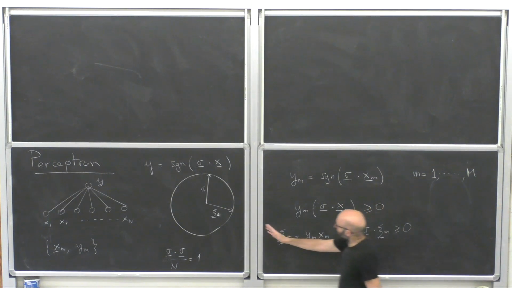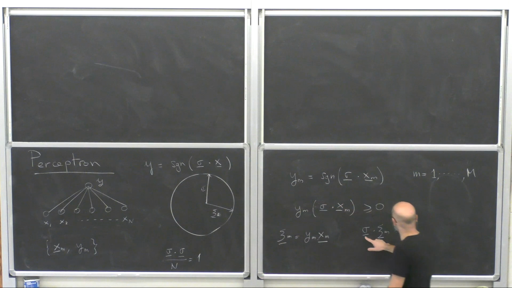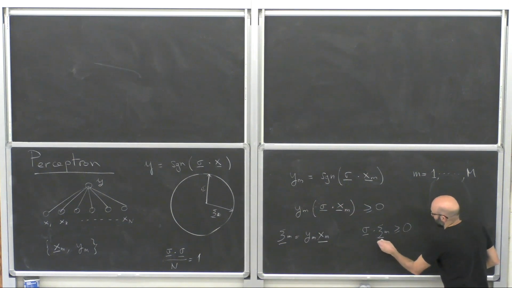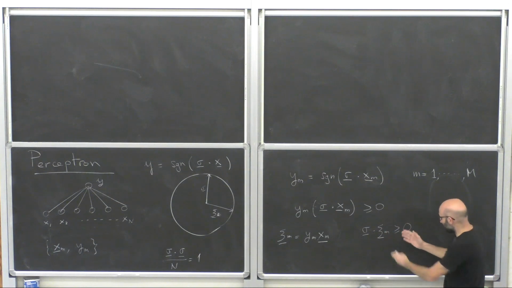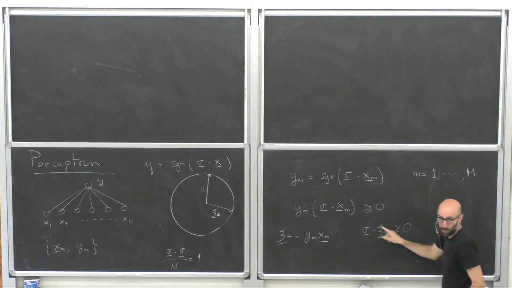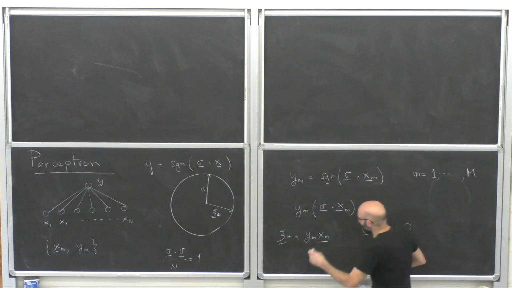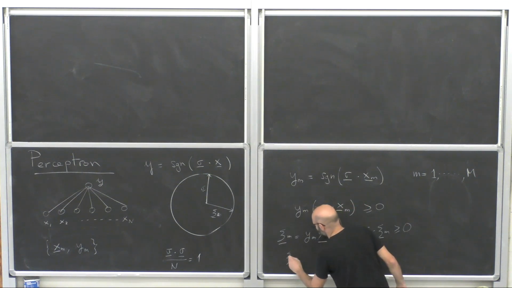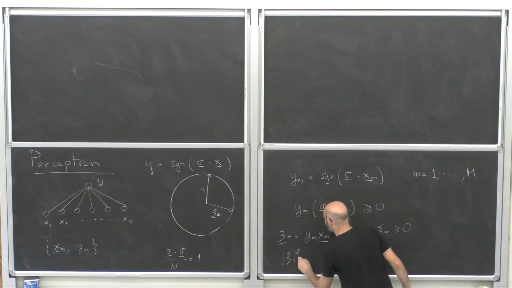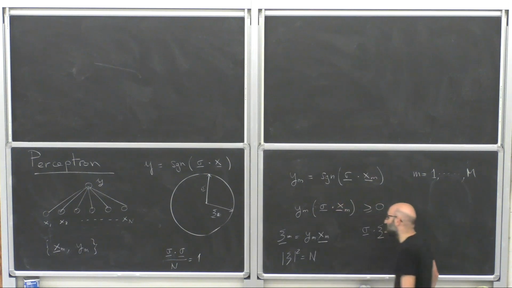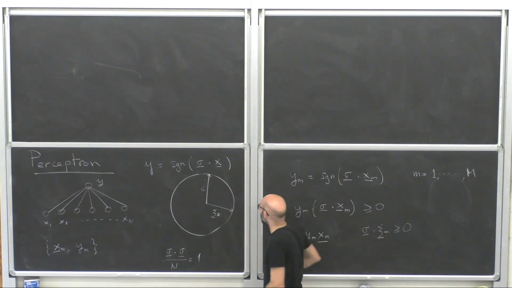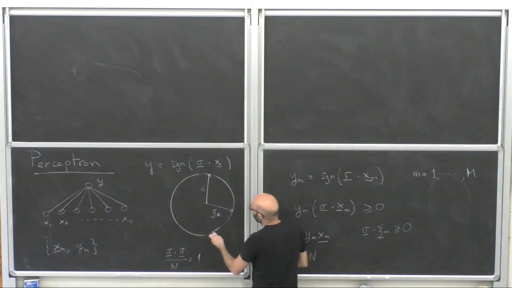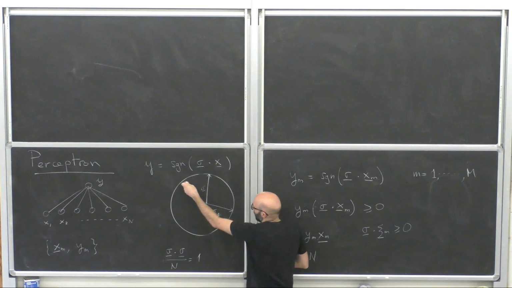Maybe it's not on the sphere, but it doesn't matter because I can always rescale, since this condition is only that it's positive. So I don't care about the norm of the vectors. So let's say that the psi are normalized in the same way, psi squared is equal to n, like sigma. So I have these two vectors on the sphere. The constraint is that the scalar product should be positive, so they should be on the same side.